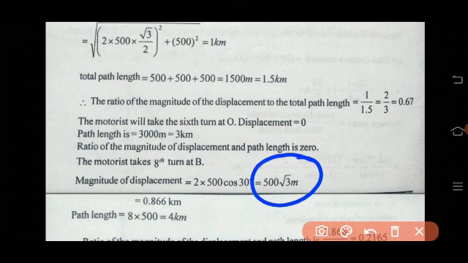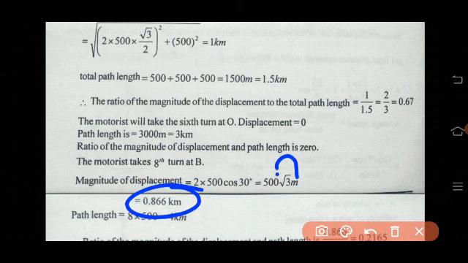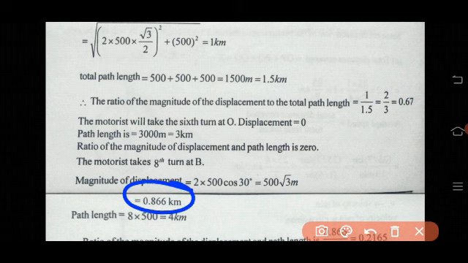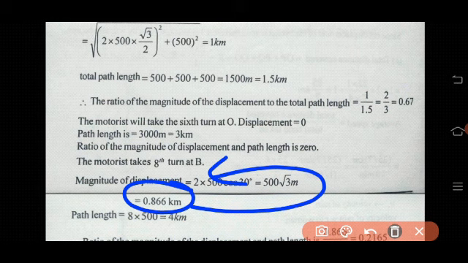You can multiply 500 with the value of root 3, 1.73, and you will get the answer in meter, that is 866 something. If you convert it into kilometer by dividing by 1000, you will get 0.866 kilometer. That is the displacement.